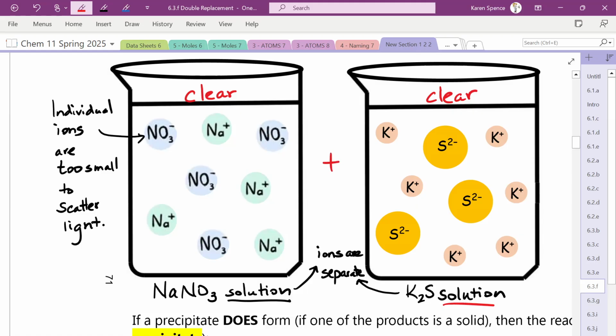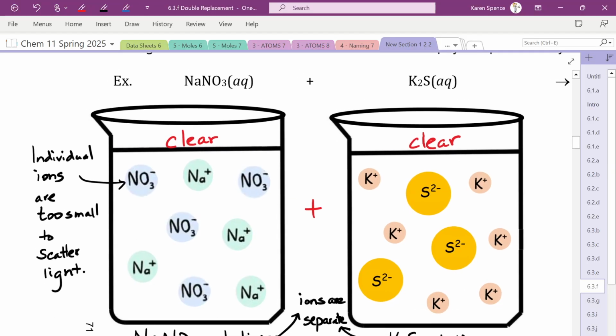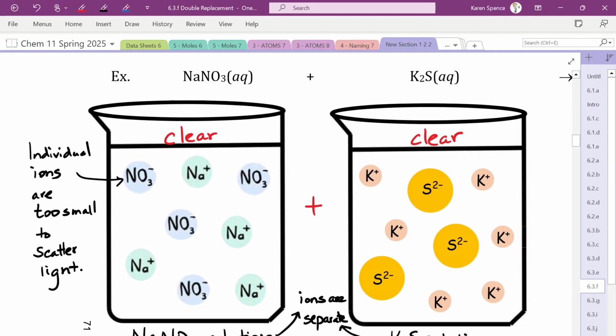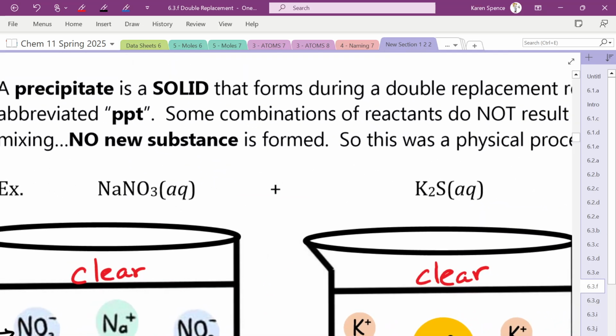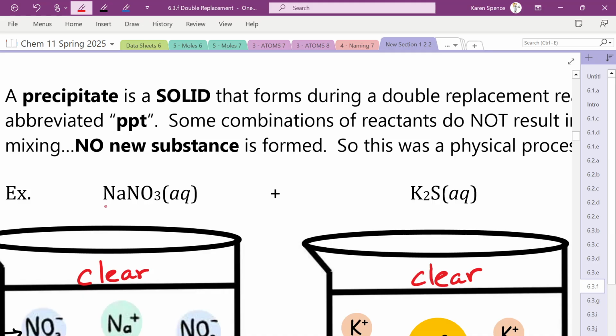So we're going to put these two together and mix them. And actually, before I show the picture, let's just take a look at our reactants here. Let's take our outside ions. So I have Na and I have S. What is the formula formed by Na and S? Na2S, because S has a 2- charge, Na has a +1 charge, so we need 2 Na. And so those are our outside ions.